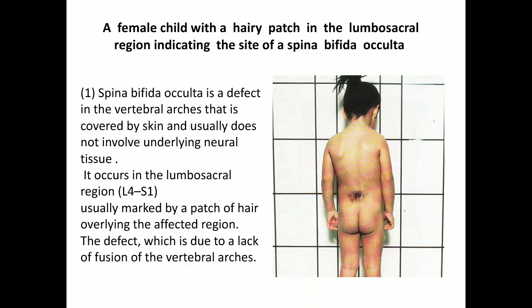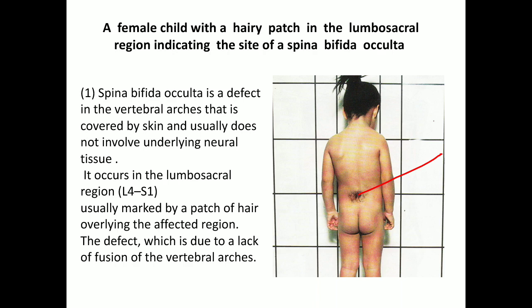So spina bifida occulta is a defect in the fusion of the vertebral arches, this area is covered by skin, and generally there is no involvement of neural tissue. It most commonly occurs at the lumbosacral region, and this area is usually marked by a patch of hair. Here you can see the patch of hair overlying the affected region.